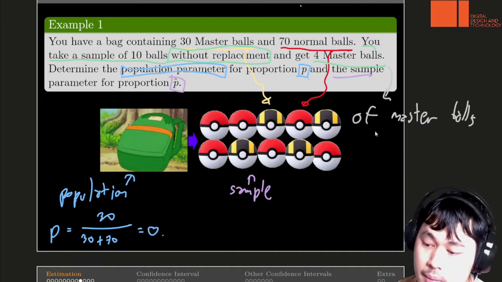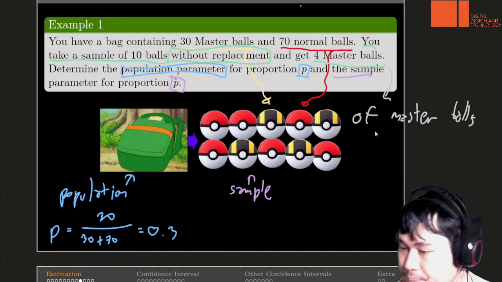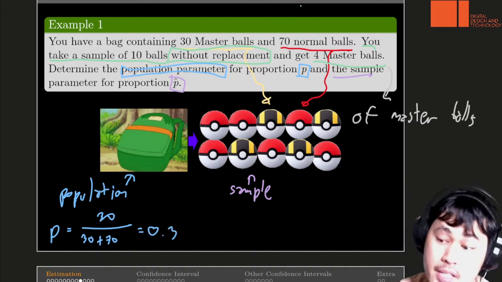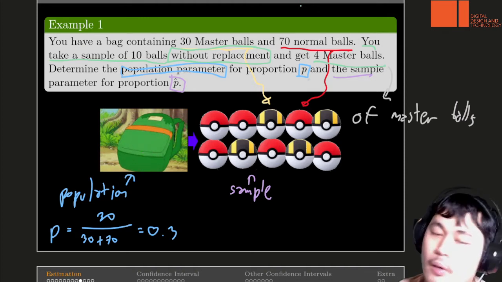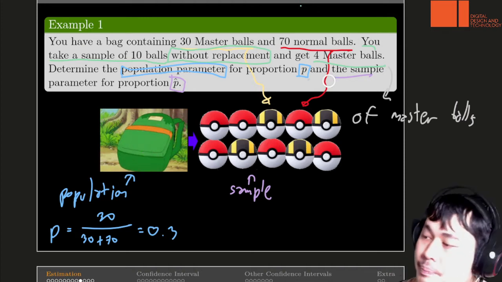So the population parameter is 0.3. You get about a 30% chance to pick a ball at random and get a master ball.